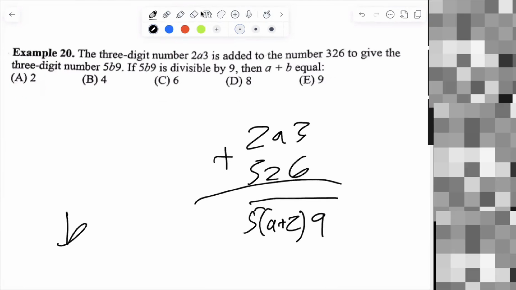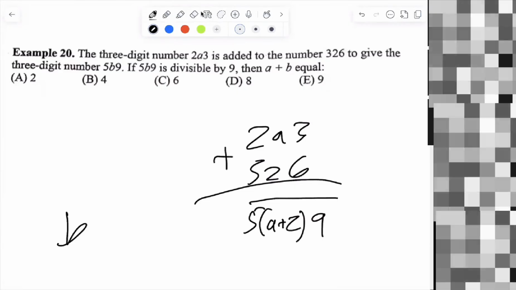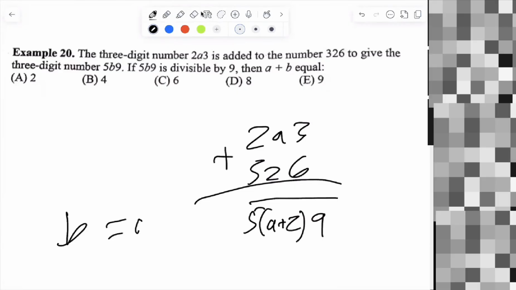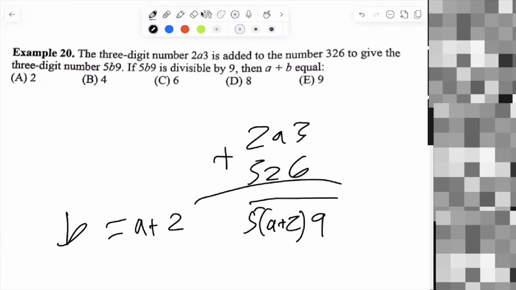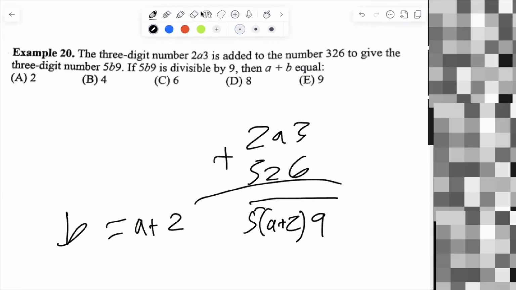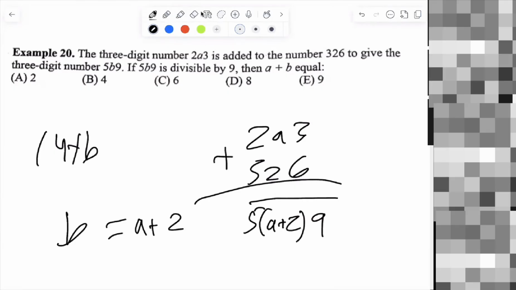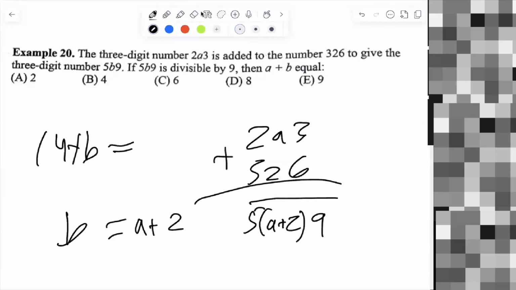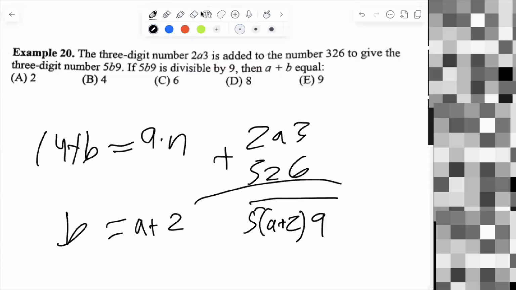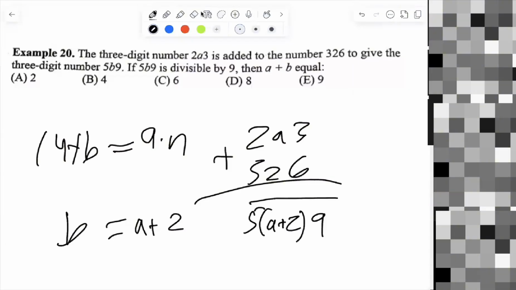And we know that 5B9 is divisible by 9. From here, we get B is equal to A plus 2. But notice that 5B9 is divisible by 9, so we know that 14 plus B, the sum of the digits, must be divisible by 9, some number 9 times n, where n is a random number.